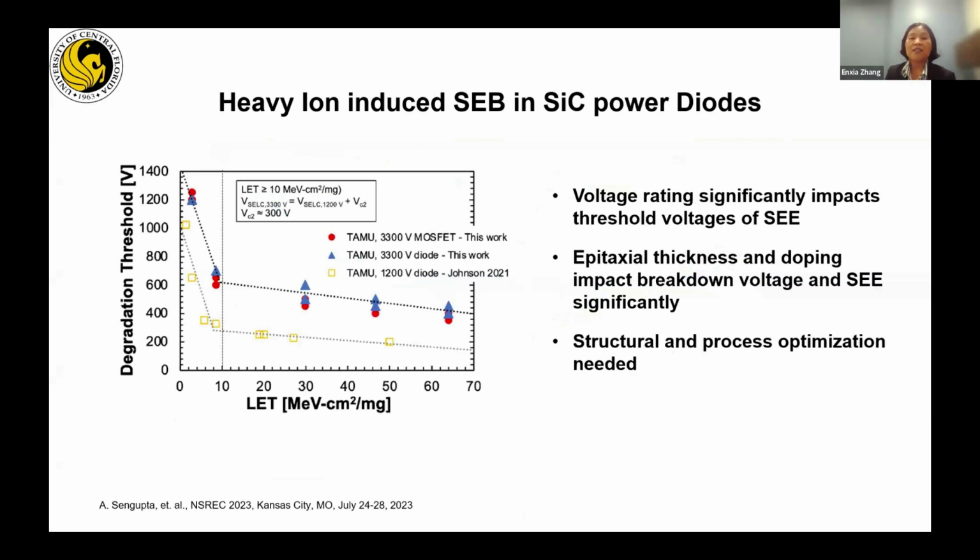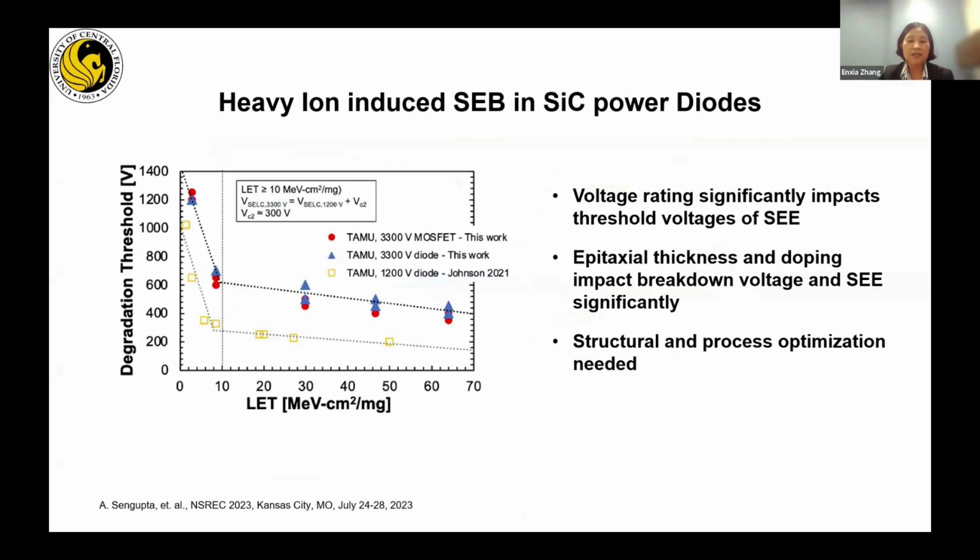Then the other key important one in space is single event, which is a major issue and very disastrous if anything happens with your application. So we did heavy ion testing at TEMU based on devices from GE. This is my student.